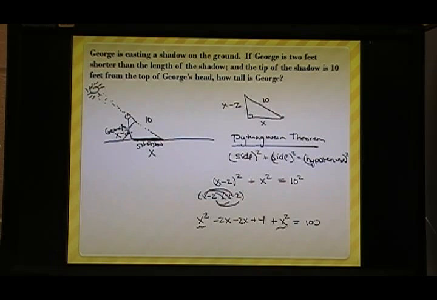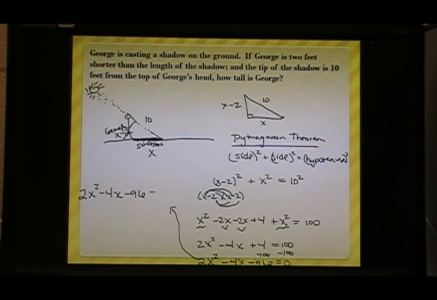Simplifying the left-hand side, combining any like terms, I have 2x squared minus 4x plus 4 equals 100. So it's a quadratic equation. I'm going to go ahead and get it equal to 0, so I'm going to subtract that 100 from both sides. So now I've got 2x squared minus 4x minus 96 equals 0. All of these numbers are divisible by 2, so I can go ahead and make this an easier equation to solve.